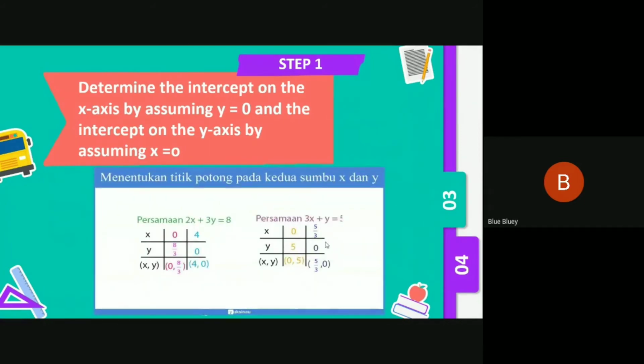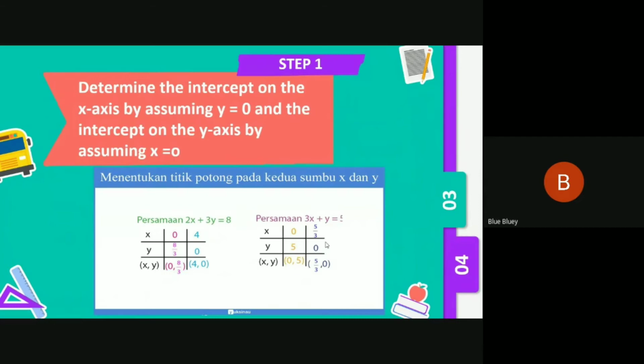For example, determine x and y in the equation system 2x plus 3y equals 8 and 3x plus y equals 5. In the equation 2x plus 3y equals 8, we suppose x equals 0, obtained y equals 8/3. So the intersection point on the y-axis is (0, 8/3).